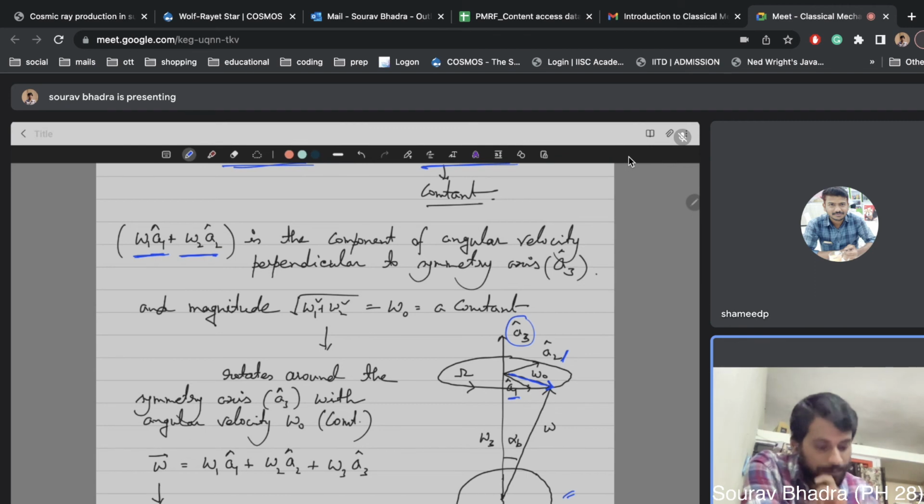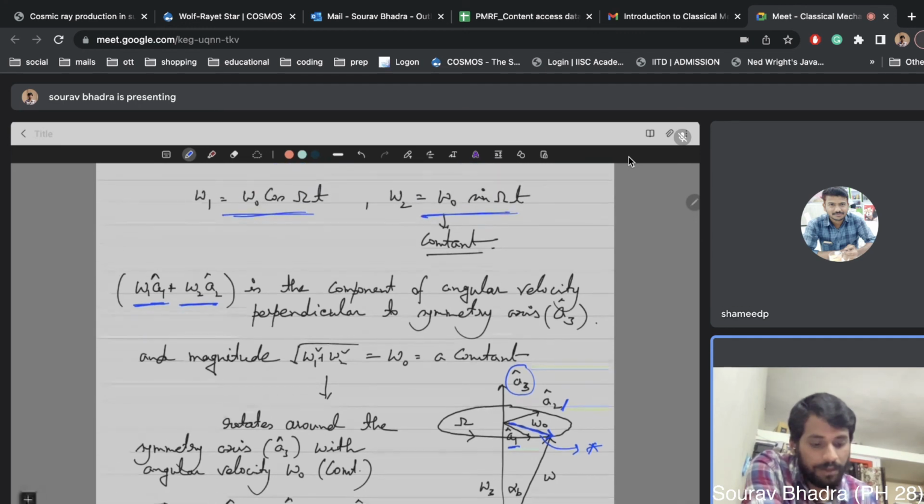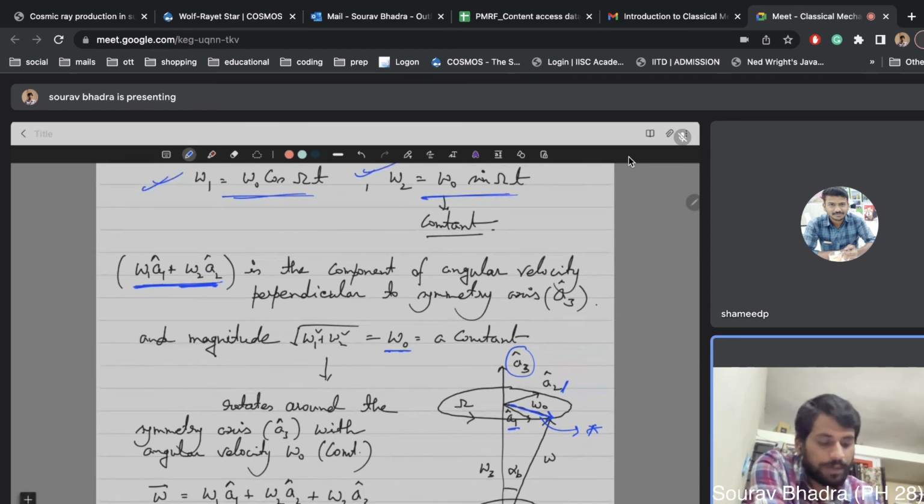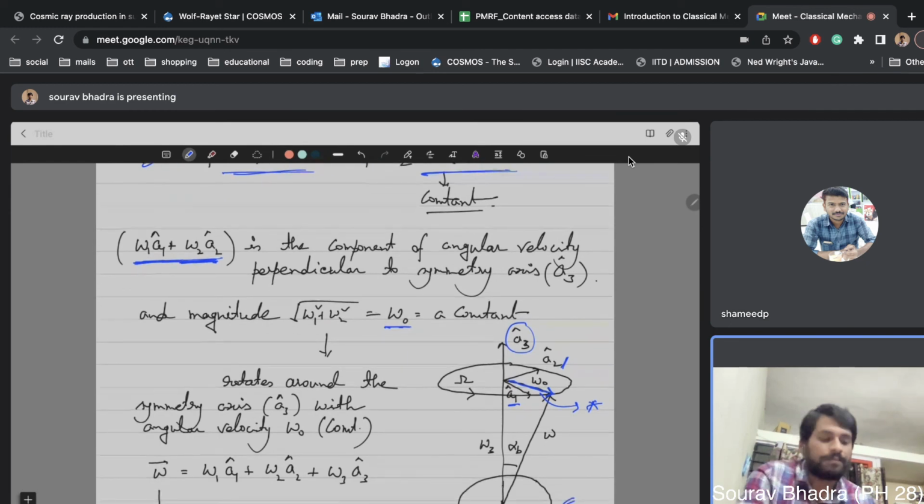Now this is also perpendicular to the a3 axis and it has a magnitude of omega 0, because the magnitude of this vector is the square root of omega 1 square plus omega 2 square, that is omega 0 from these two equations. So the value is omega 0 and the direction is shown in the figure.